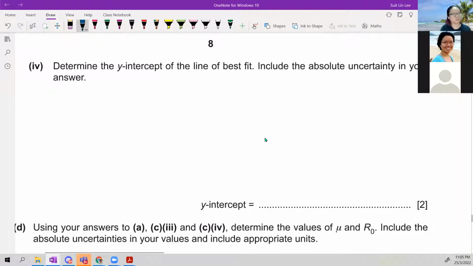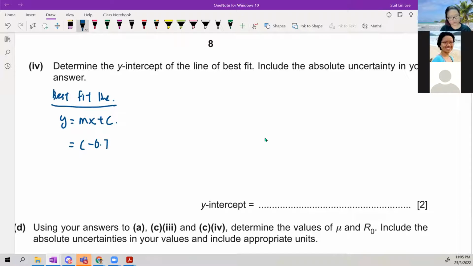So you need to do y equal to mx plus c for your best fit line and your worst fit line. So normally I'll just do best fit line first. y equal mx plus c. So the gradient was negative 0.788. Teacher, do I use a coordinate? Yes. Can I repeat the coordinate that I took just now?